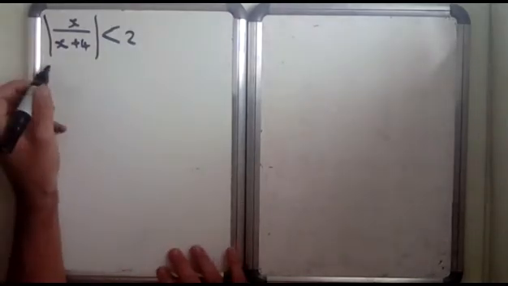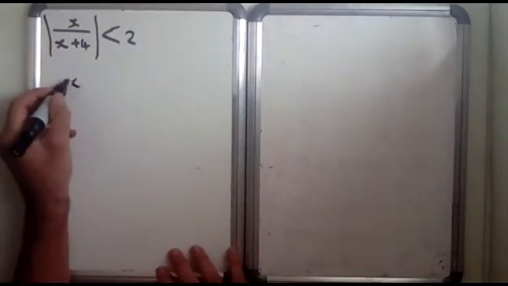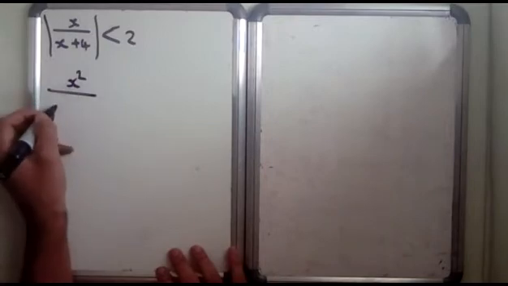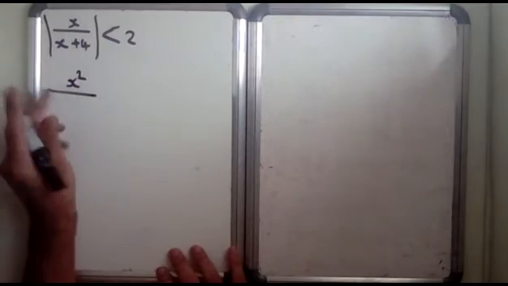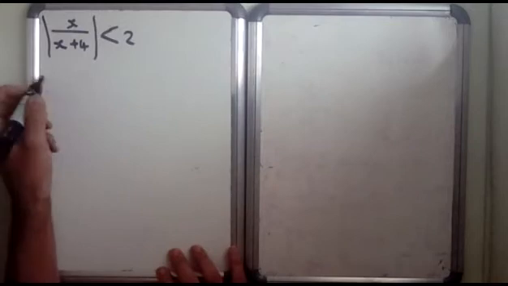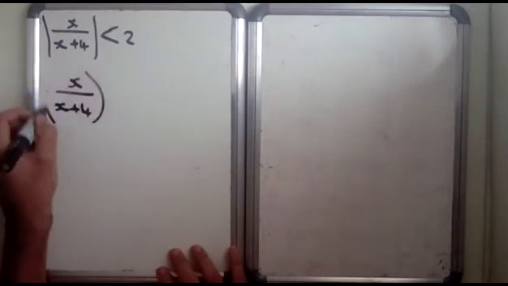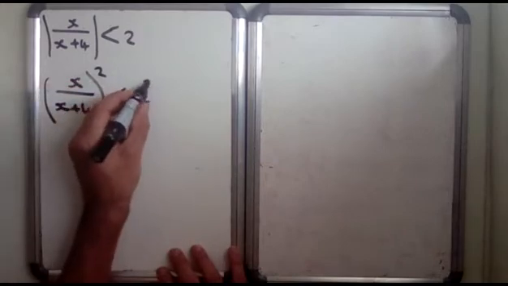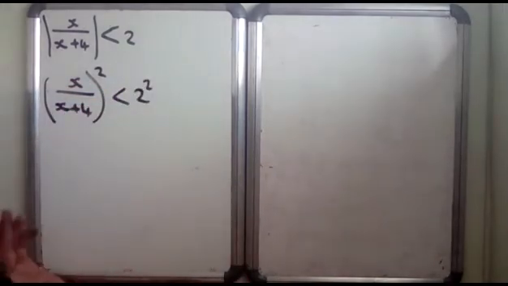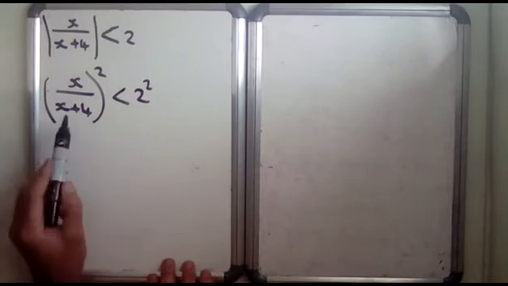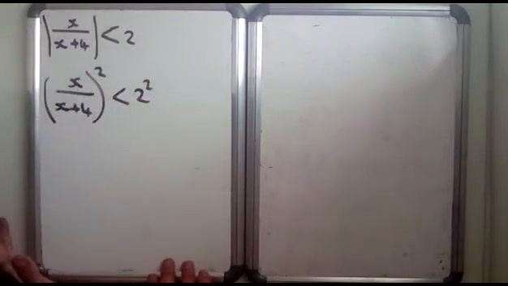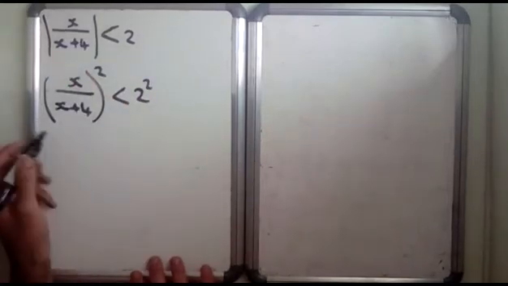So what we're going to do is square both sides. So x over x plus 4, squared, is less than 2 squared, just like that. Remember, we've taken away this negative issue because when we're squaring real things, they're positive anyway.